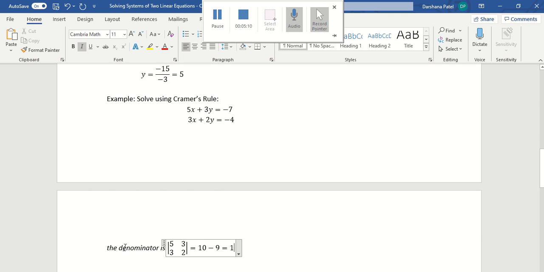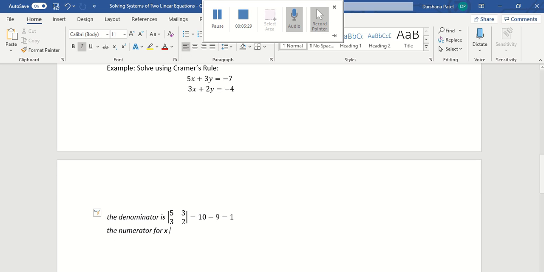Now to find the numerator for x, we use the same matrix. To find the determinant, we replace the first column, 5, 3, the x column, with negative 7, negative 4, the numbers without variables.